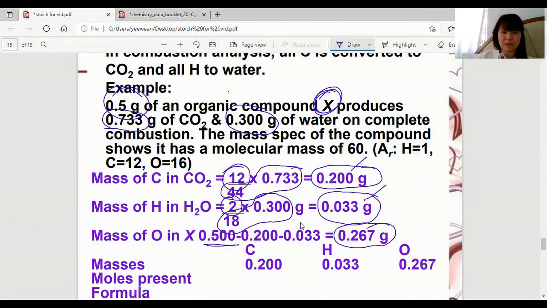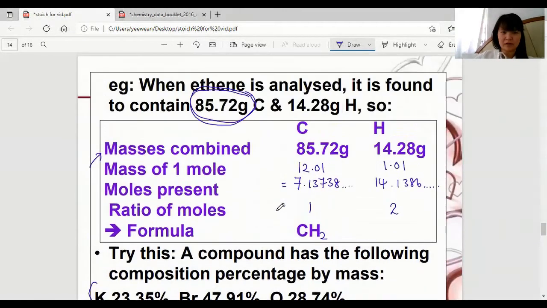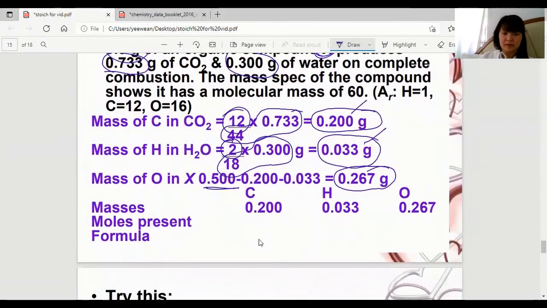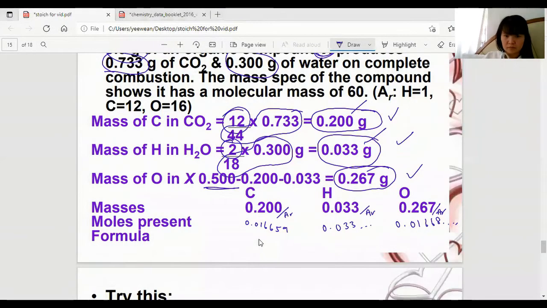Now I can use the same method as we've been using all this while. Use this table to get the formula. So the mass, 0.2, 0.033, and 0.267. So the moles present, you will have to divide by the Ar. If I divide by the smaller value, I'm going to get 1:2:1. So my empirical formula would be CH2O.